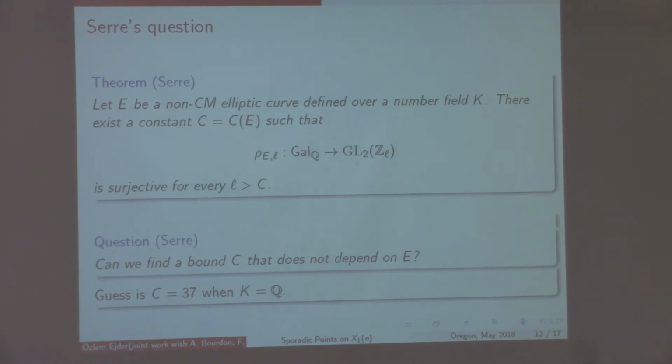So in other words, if you get a surjective representation, that just means it's big. And remember that I'm looking at a small representation. So those are not the primes that I'm interested in.